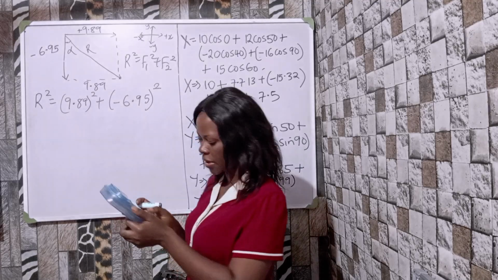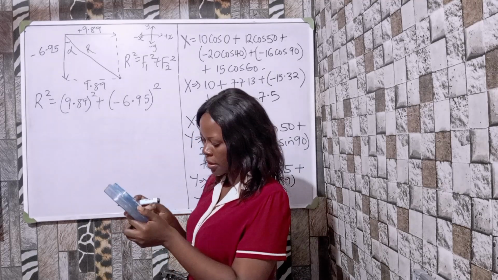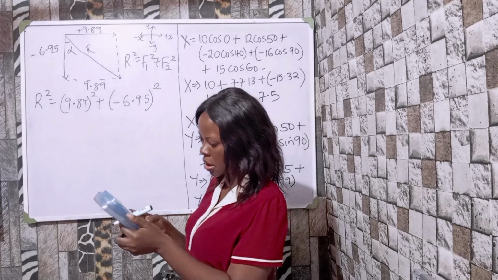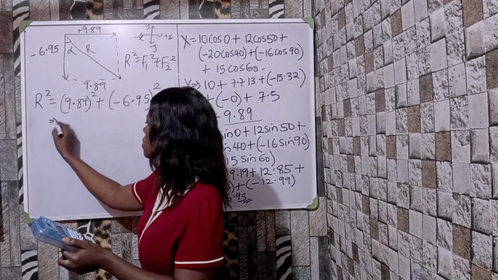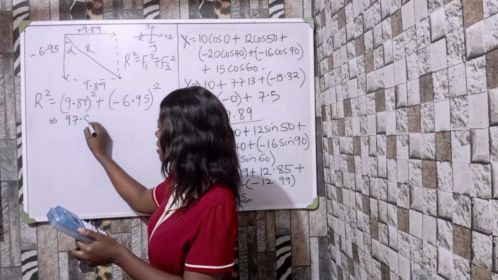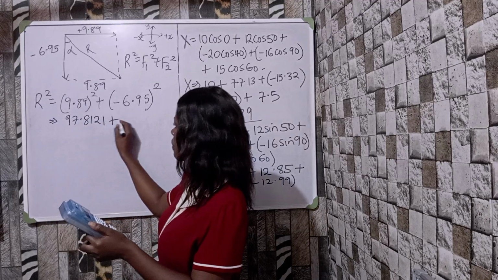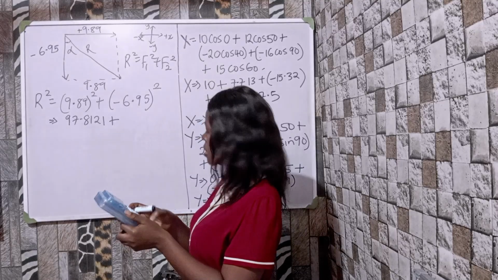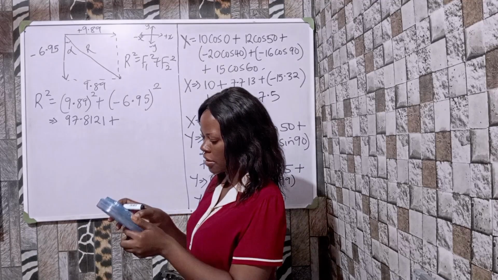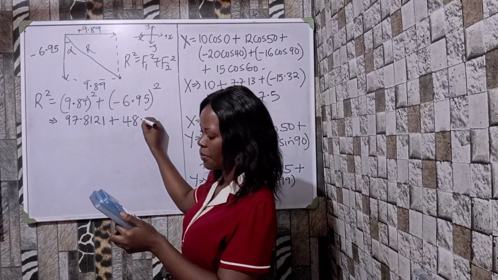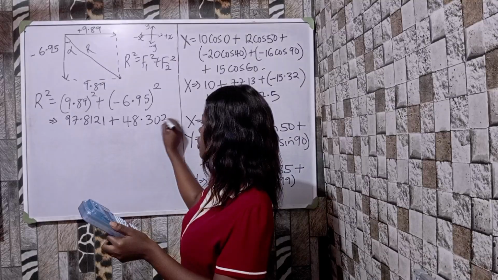So let's work it out with our calculators. 9.89 squared equals 97.8121, plus minus 6.95 squared equals 48.3025.